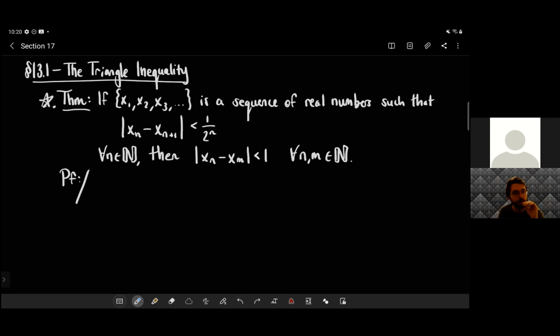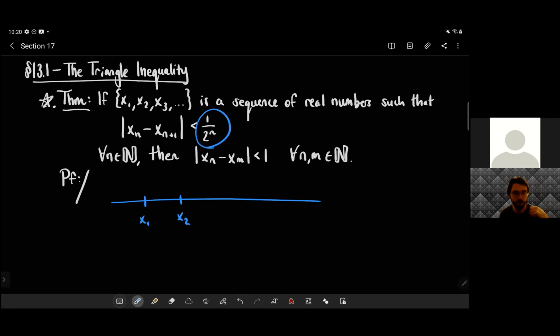Here's our claim. So if we have this sequence of real numbers and we know that this inequality holds for whatever value of n you want to plug in. So really this is saying that you're imagining a number line and here's x1 and here's x2.